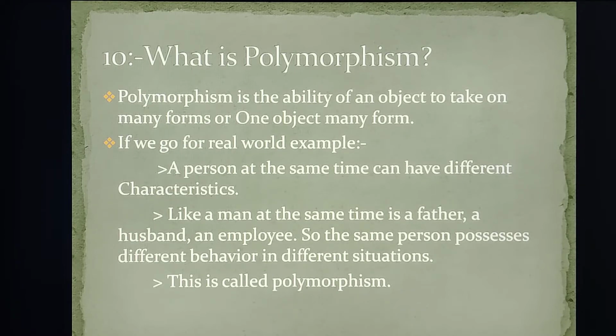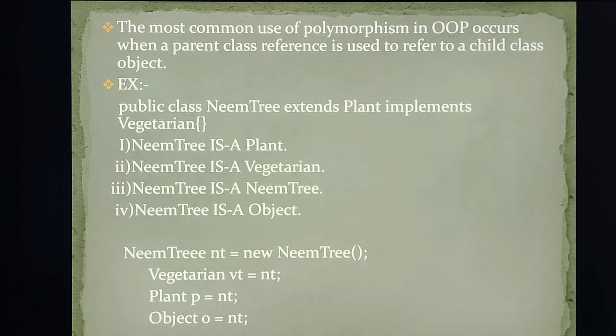So the same person possesses different behavior in different situations. So this is called polymorphism. How a man shows different behaviors in different situations, as a father, as a husband, and as an employee. Like this, an object will show different forms according to the situation. Let's see how it is.